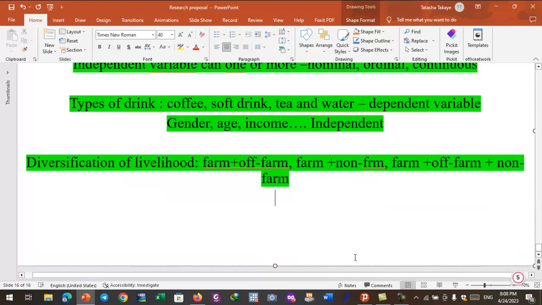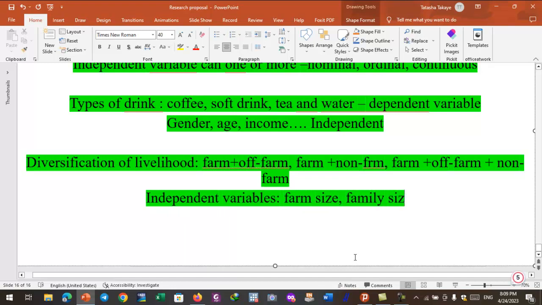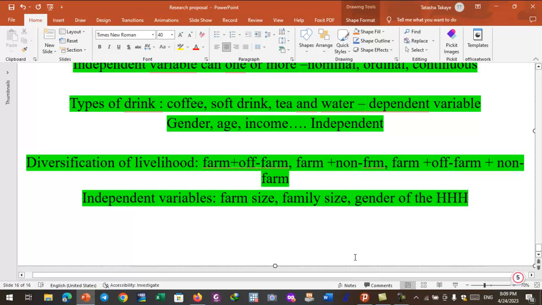Therefore, we can take socio-demographic characteristics of the households as independent variables, like farm size, family size, education, gender of the household head, and so forth.